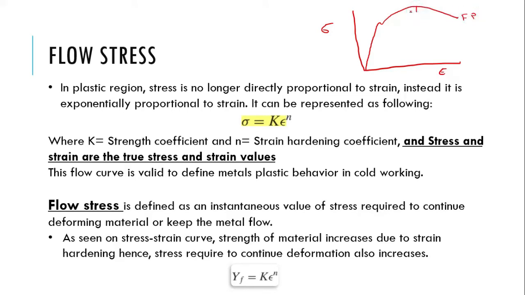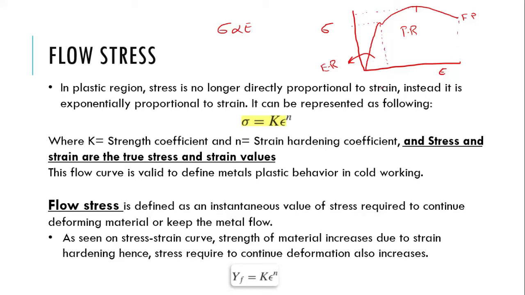This is the UTS, and this is the yield point, and we have the elastic region, and this will be the plastic region, right? In the elastic region, we know it follows Hooke's law, that the stress is directly proportional to the strain, but that's not the case in the plastic region.